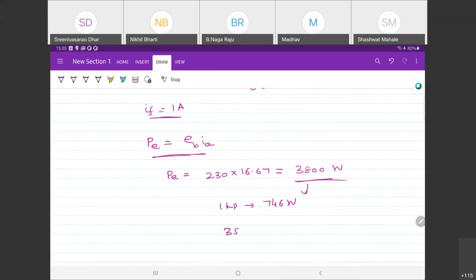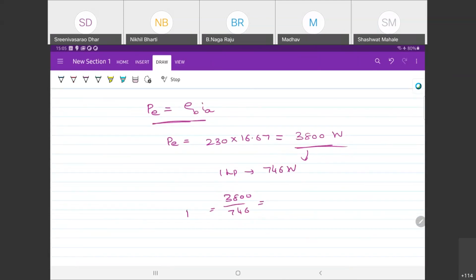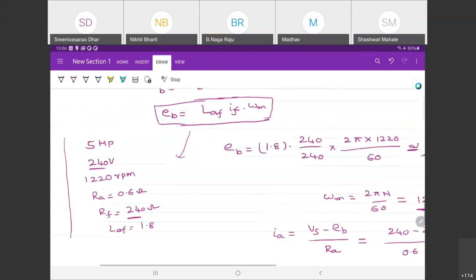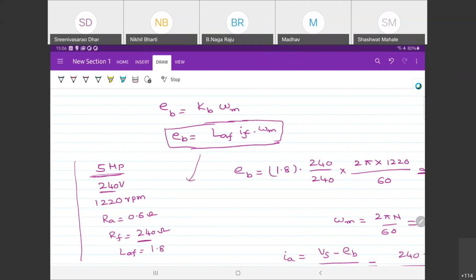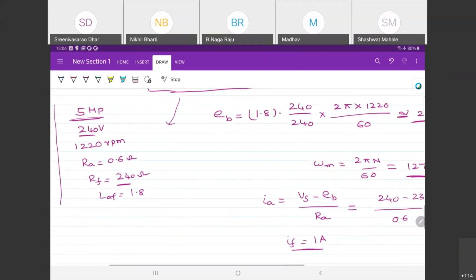So if you divide 3800 by 746, how much is it? Roughly 5 HP, right? So that is what we planned. This is how we derived it. Clear?